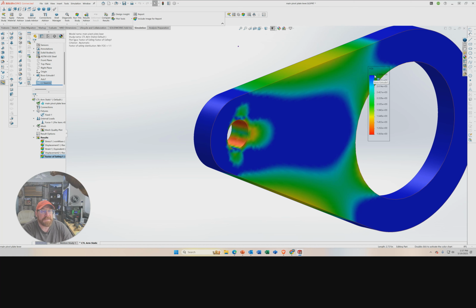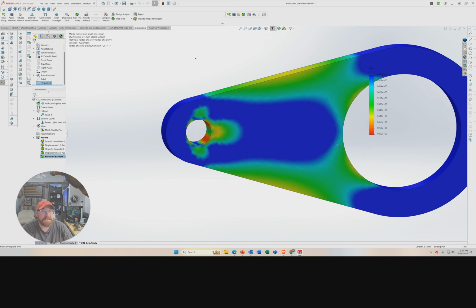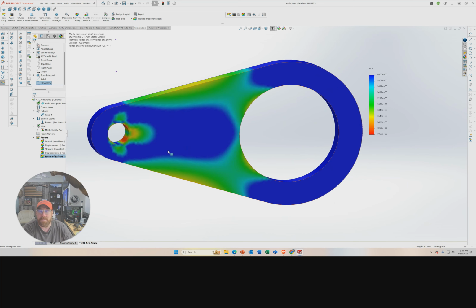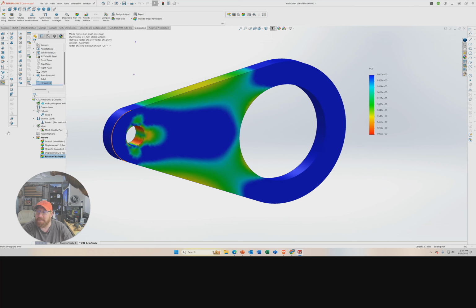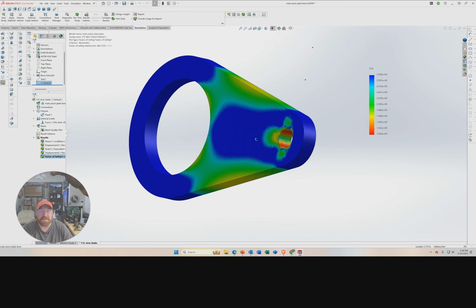We typically want at least a factor of safety of 3 on everything, so we would want this whole part to really show blue. That tells us on the engineering side that we really want to go back and look at this part and potentially redesign it.